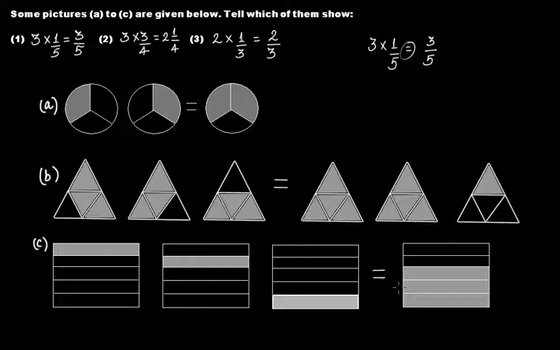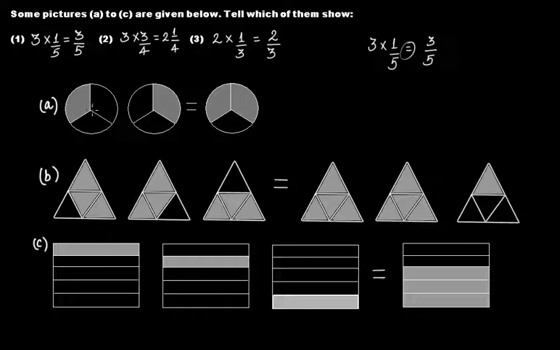Okay, equal, equal, equal. So you have to match that figure which has 3 times 1 by 5, and that should give you 3 by 5. You should have a fraction of 1 by 5 and you have 3 such fractions, therefore you'll get 3 by 5. So first look for that figure which has been divided into 5 equal parts.